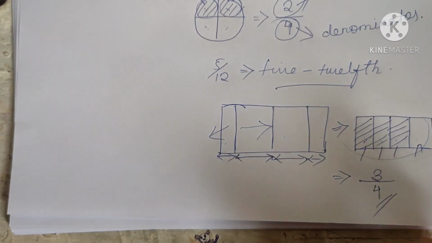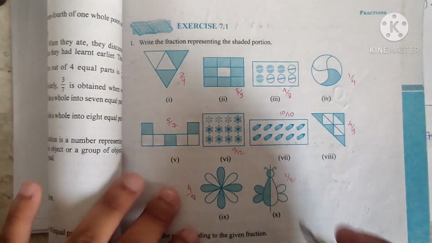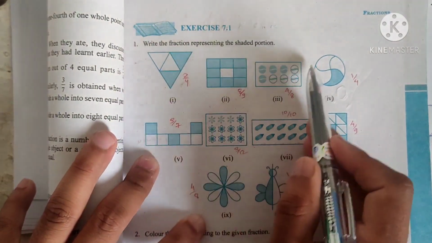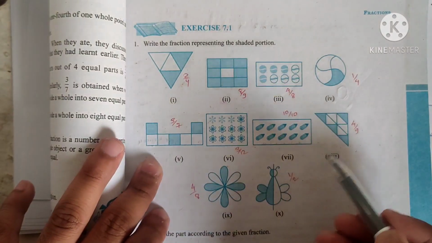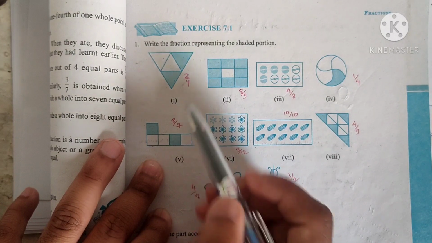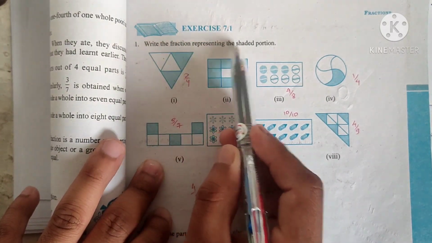In this way, I'll just show you in your textbook how it has been done, because it is simple. All the shapes given here have equal shape and size, that is why we can make it in terms of fraction. They are asking to write the fraction representing the shaded portion.